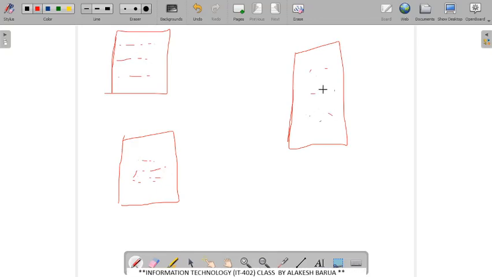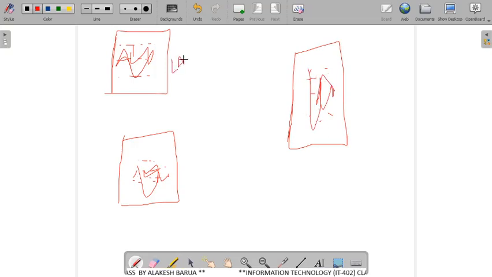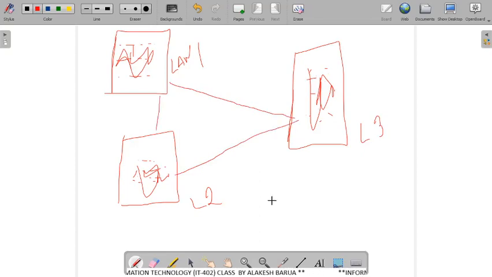These dots represent computers. If these computers are interconnected together, and these are also interconnected together, and these too, then this is local area network 1, this is LAN 2, and this is LAN 3. If these three LANs are connected together, then it forms a campus area network, or a CAN.